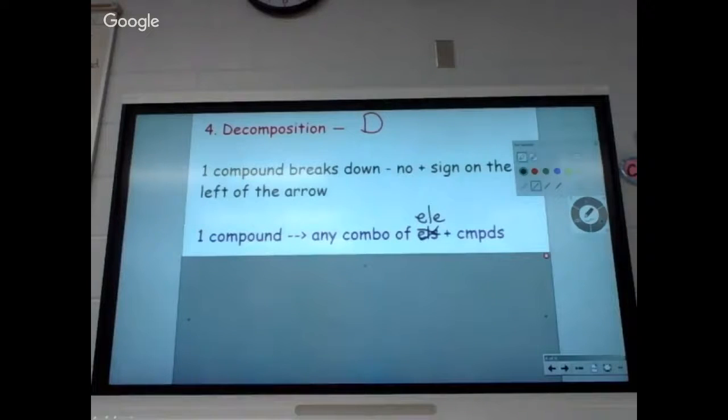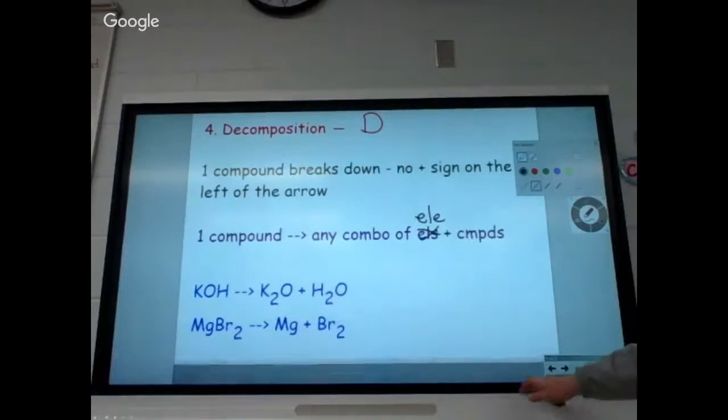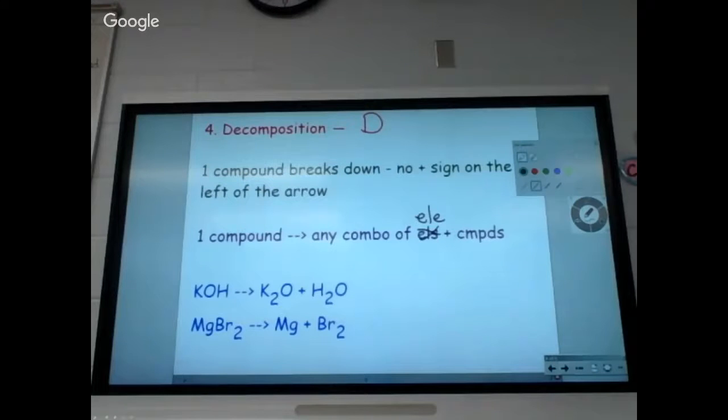All right. So you have one compound that's going to break apart, okay? And that one compound can break down into any combination of elements and compounds, okay? And remember, after we learn how to tell the types over the course of the next few days, we're going to learn how to do this. Now, again, here are some samples.